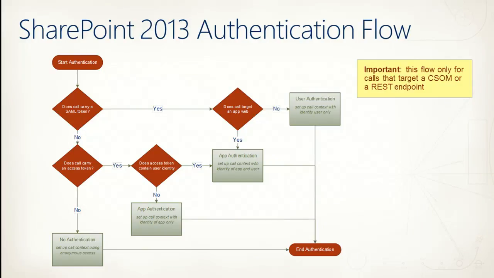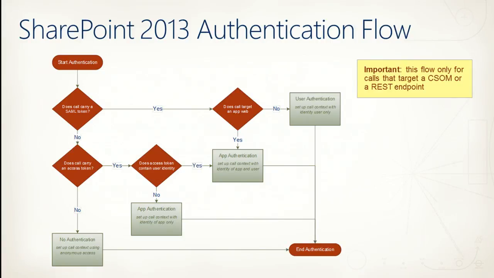Okay, now let's look at the case where a call comes in, SharePoint looks at it, there's no SAML token. The next thing it does is says, well, is there an access token? Now, the access token might be an OAuth access token or an S2S access token. Let's not split hairs between those now. But what it does is it says, okay, there's an access token. We know we're going to use app authentication.